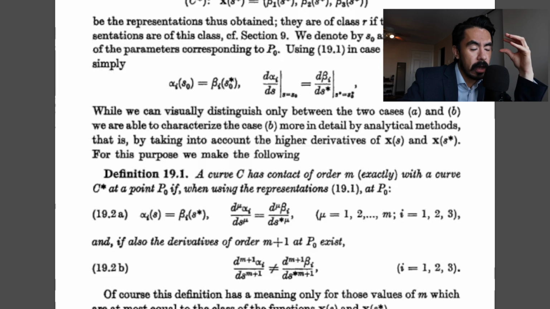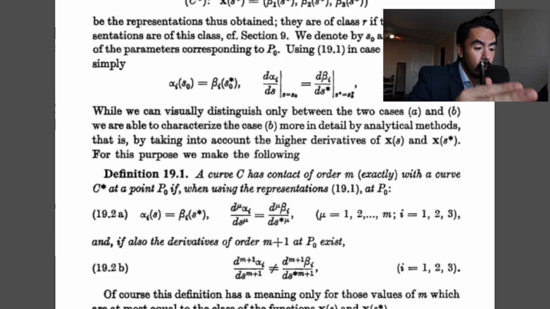So an easy way to compartmentalize this definition of contact and its two parts when moving forward is, okay, curve C and curve C star: we have at least m derivatives of the vector parametric representations of these curves.